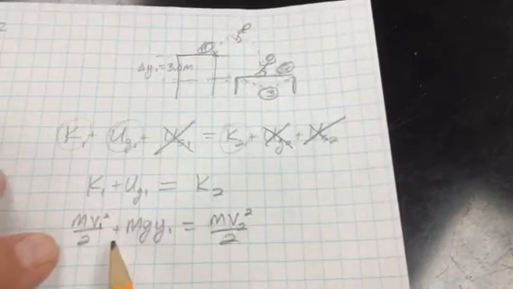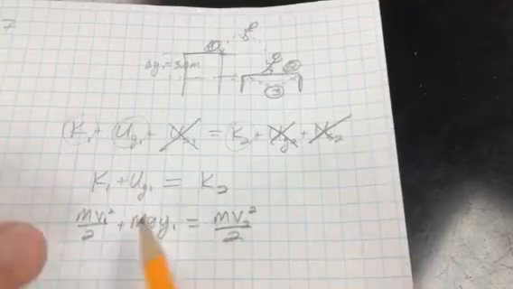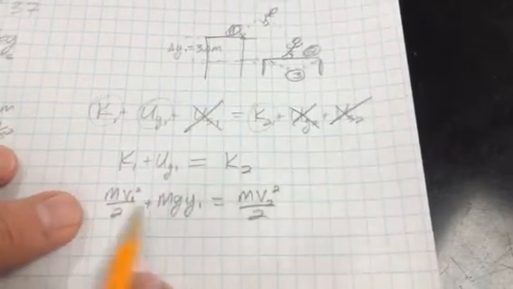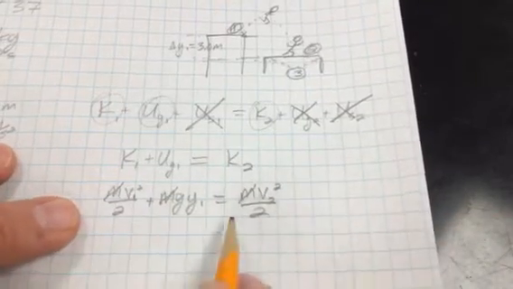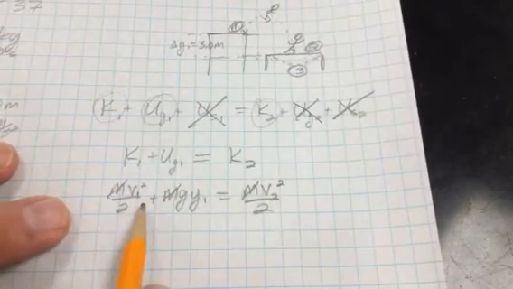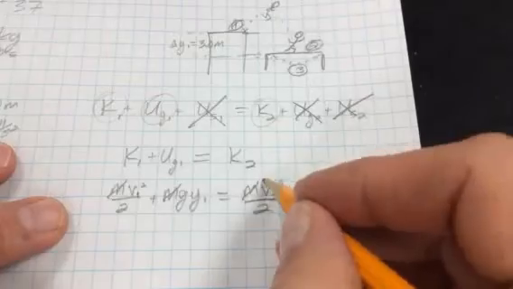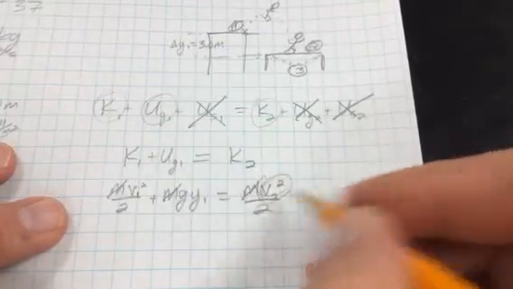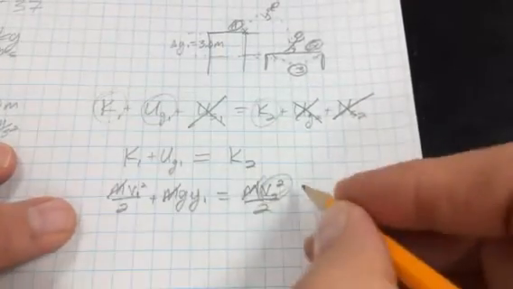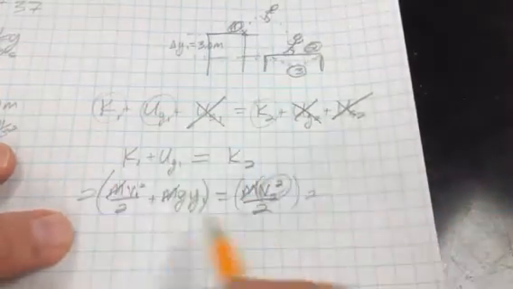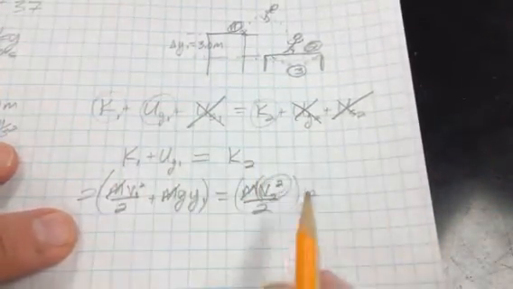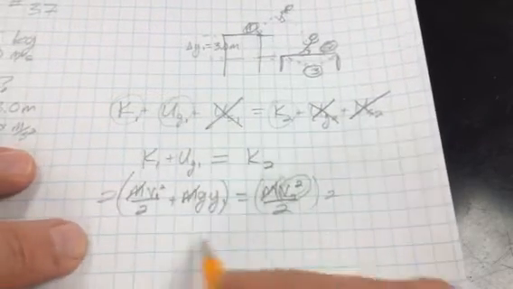All right, next step is time to start simplifying. I see that I have a term, the mass, that will cancel out of each of those, and I'm trying to find this speed here. Something else I can do to simplify is multiply both sides of that equation by 2, and that'll take care of these fractions that a number of you don't like.